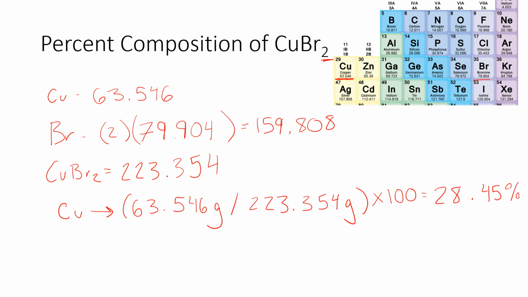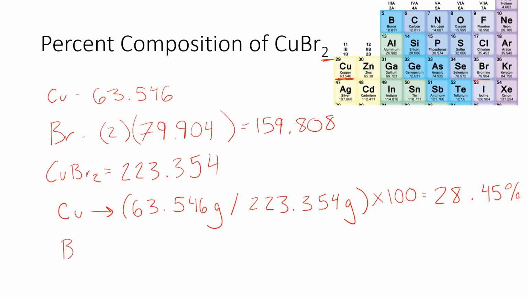We want to be careful when we're putting this into our calculator. With that times 100, you can do it a couple of ways. We've talked about a couple in class. Just be careful that you're multiplying 63.546 divided by 223.354 and then multiplying it by 100 or using your parentheses.